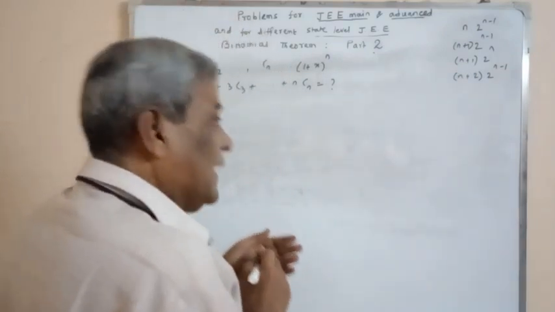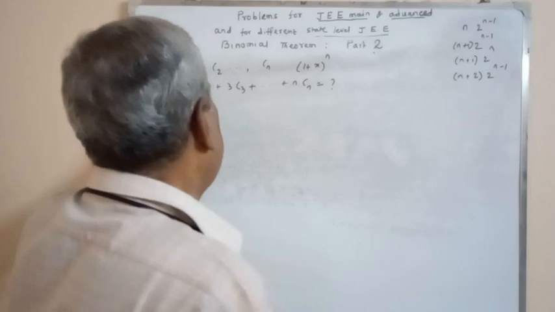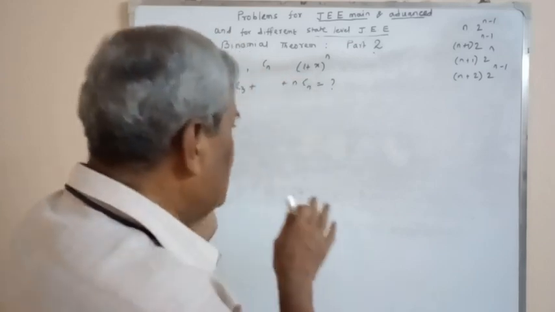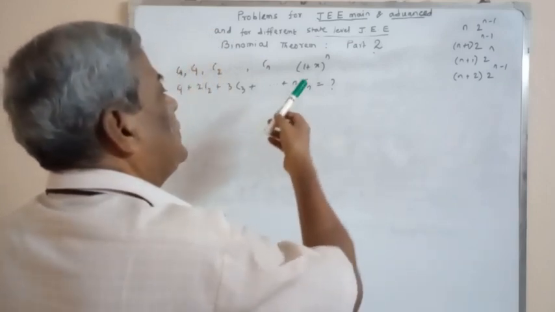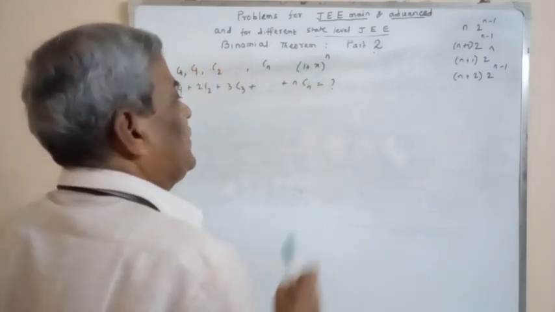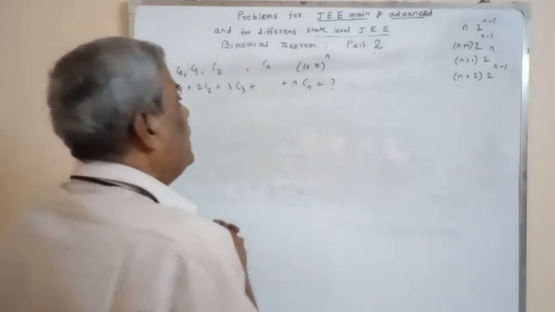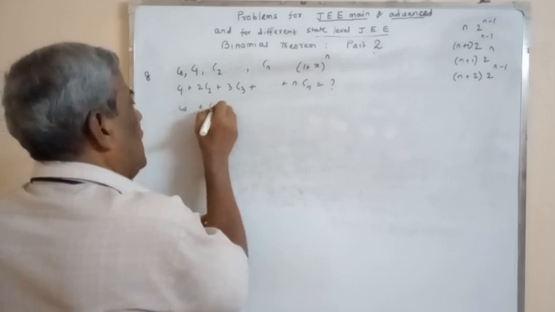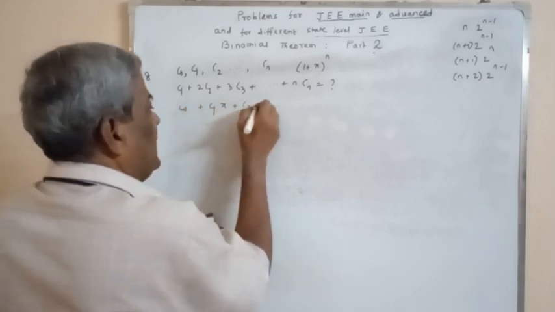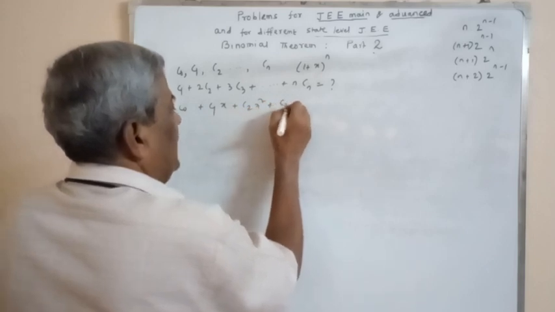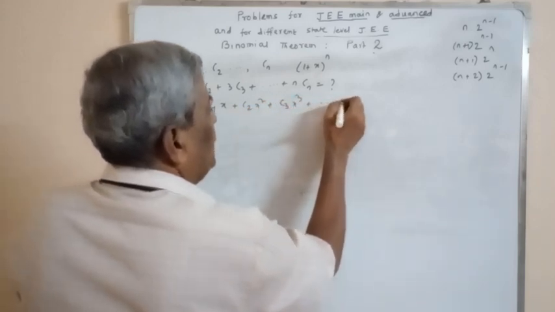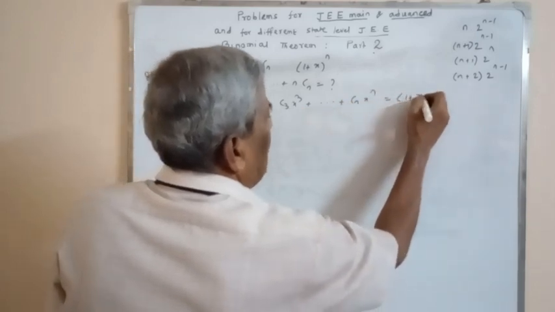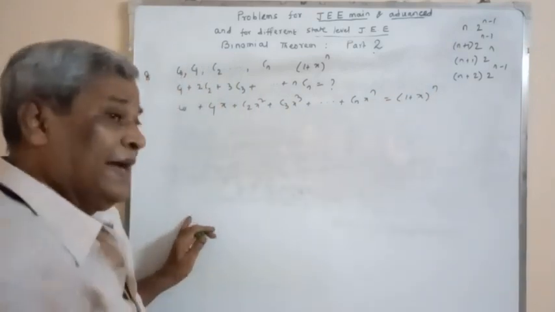Given that C0, C1, C2 up to Cn are the coefficients of this binomial expansion. That means we are given C0 plus C1 x plus C2 x square plus C3 x cube up to Cn x to the power n is equal to the total expansion.